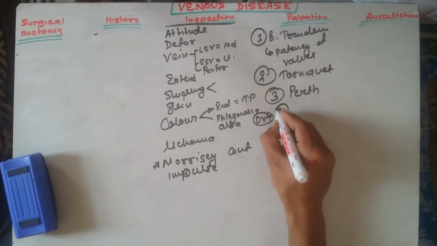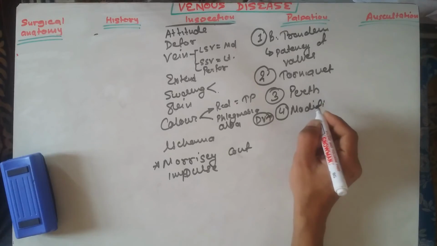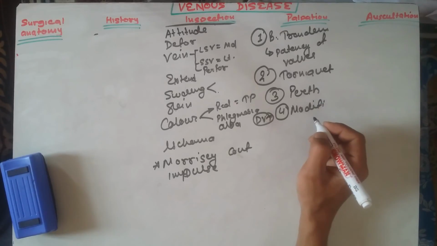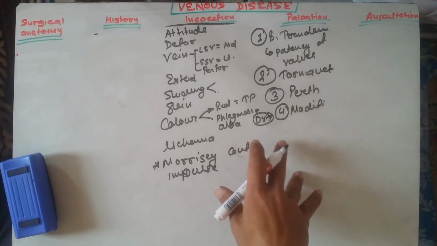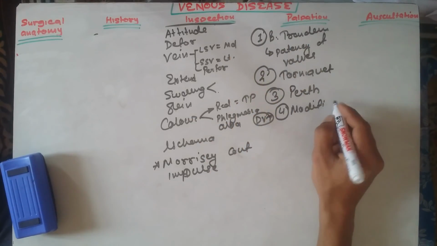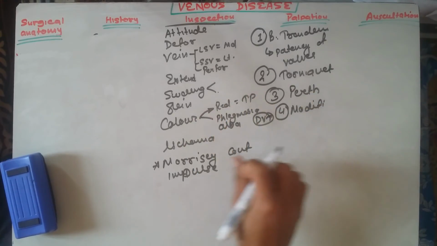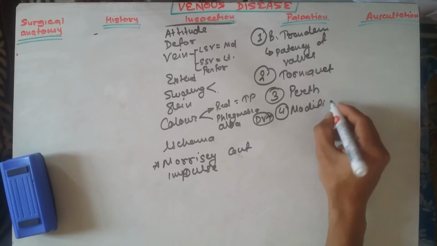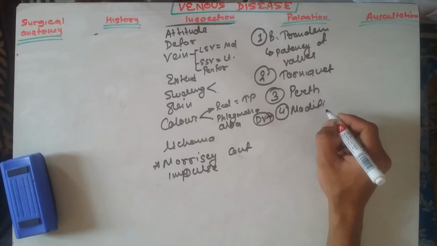The fourth type of test we will be doing is the modified Perthes test. In the modified Perthes test, the tourniquet is applied at the saphenofemoral junction without emptying the vein. It means in a standing position, when the blood is filled in the venous system, we apply the tourniquet at the saphenofemoral junction, and we ask the patient to walk quickly, and he will not be able to walk, and there will be a bursting type of pain, and the vein will be distended.